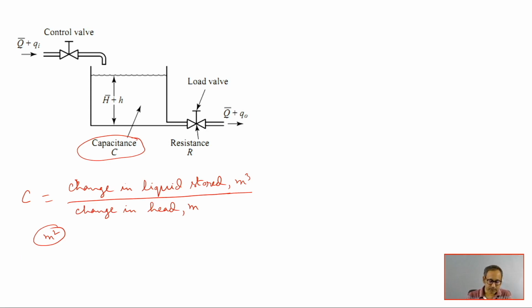Okay. So, this is again analogous with the electrical system. In the electrical system, you must have seen this particular equation, E equal to 1 by C integration I dt, that means C equals integration I dt, which is charge divided by voltage.